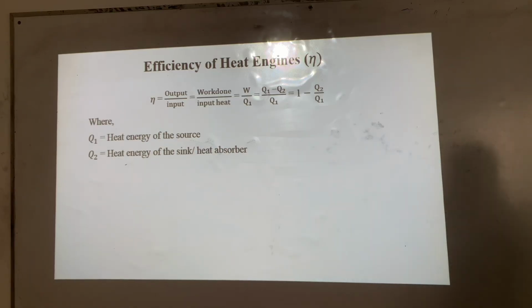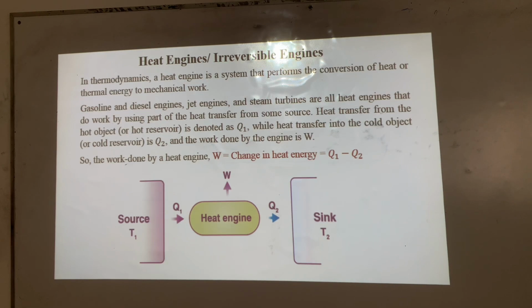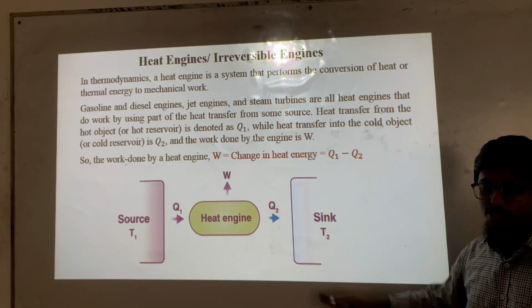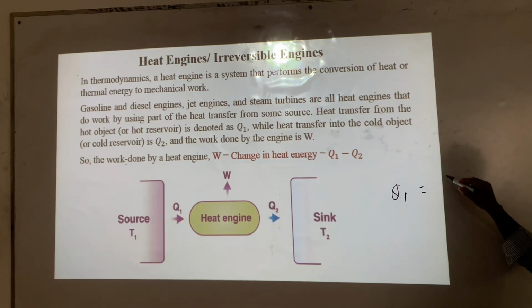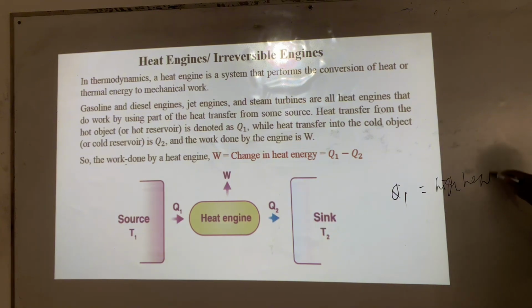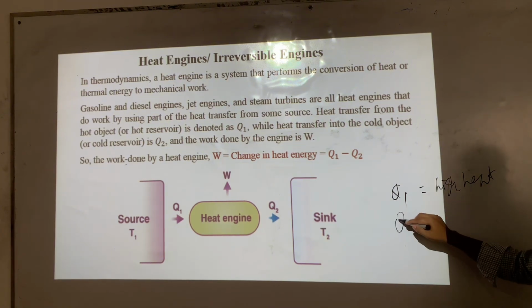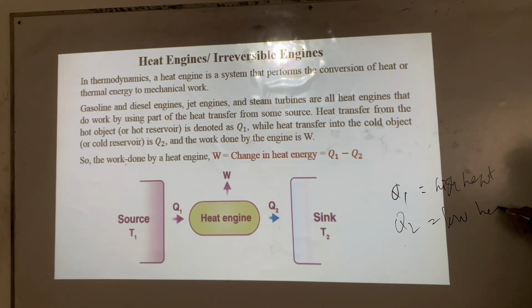You can find out that to be 1 minus Q2 by Q1, right? Where Q2 is the heat of the sink meaning that the absorber of heat, and Q1 is the heat content of source, or otherwise you can think that Q1 is higher value of heat, Q2 is lower value of heat, right? Q1 is higher value of heat, Q2 is lower value of heat.